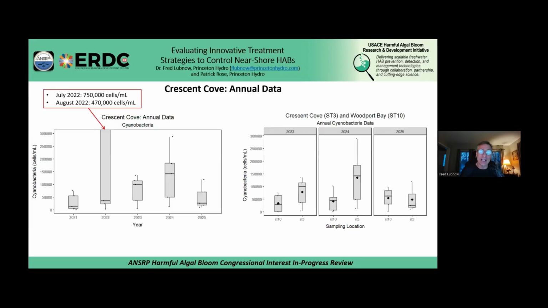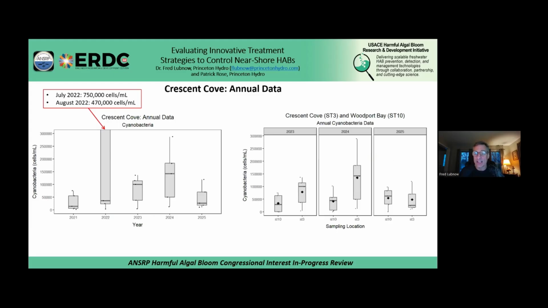This is just showing you, again, some more Crescent Cove data. The figure on the left is showing that in 2025, the number of cyanobacteria cells were low, particularly when you compare it to 2022, 2023, and 2024.